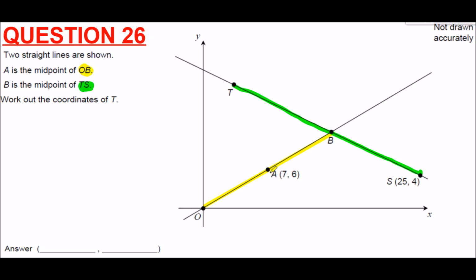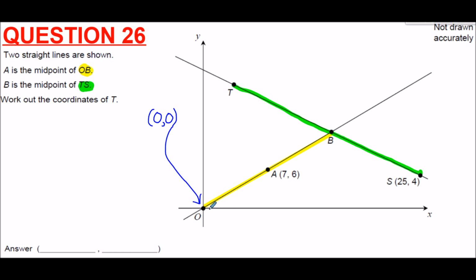We're told here that A is the midpoint of OB. So A is in the middle of this yellow line. The yellow line starts from the origin. And so the origin just simply means this point here, which is 0, 0. If we have a look at A, it's 7, 6.